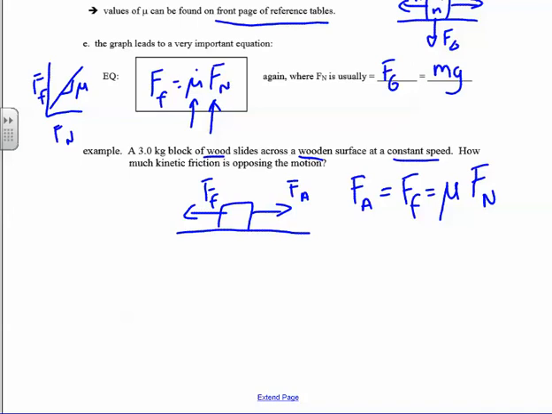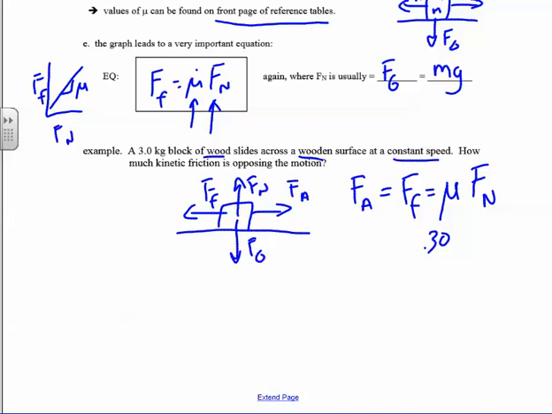All right, now we need the coefficient. It wasn't given, but the fact that we have wood on wood, if you go to your reference tables, and if you don't have it in front of you, take our word for it, we see that the coefficient for wood on wood is 0.3, and that's for kinetic. If it was static friction, it would be something else. And then we have to multiply it by the normal force, and from our force diagram, it should be pretty clear that the normal force is balanced by the weight.